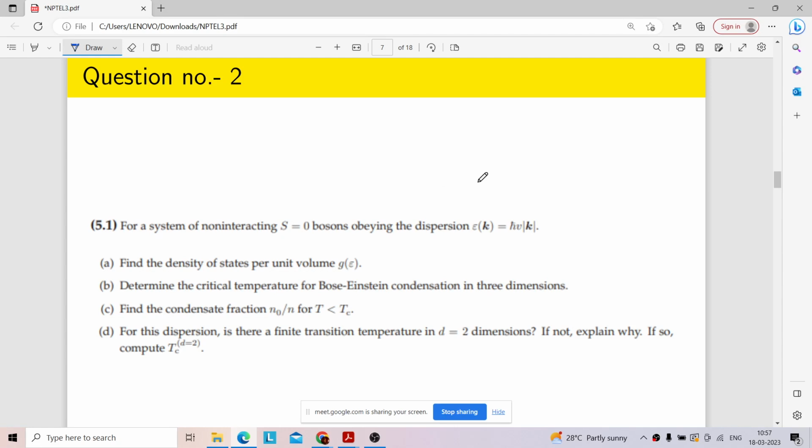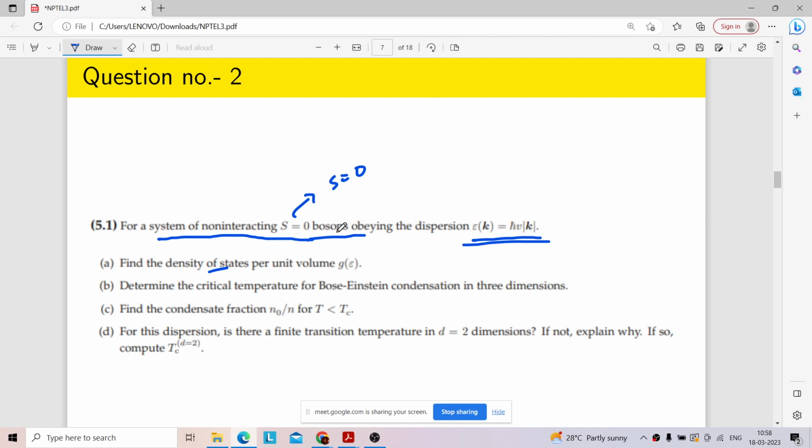So what is the question? We are given a system of non-interacting bosons obeying this dispersion relation, and they have spin 0. We have to find the density of states per unit volume, then determine the critical temperature for Bose-Einstein condensation, then find this fraction, and so on.